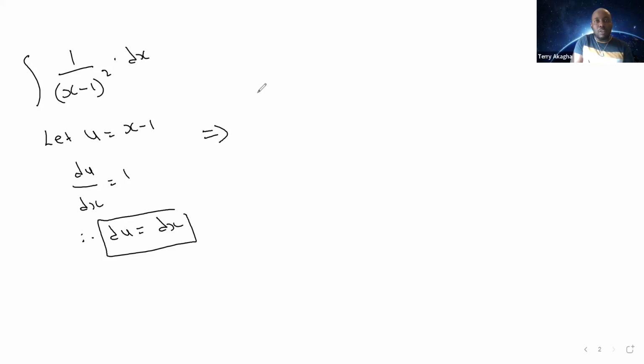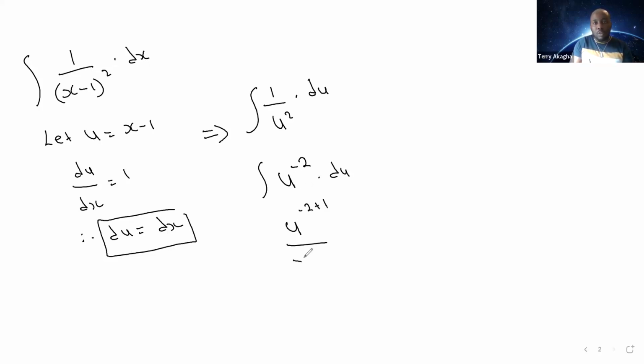We know x minus 1 is u, so it's the integration of 1 over u squared dx, which is equal to du. So this is the same thing as saying we're integrating u raised to power minus 2 du, okay? And that will give you u raised to power minus 2 plus 1 divided by minus 2 plus 1, plus c, okay?